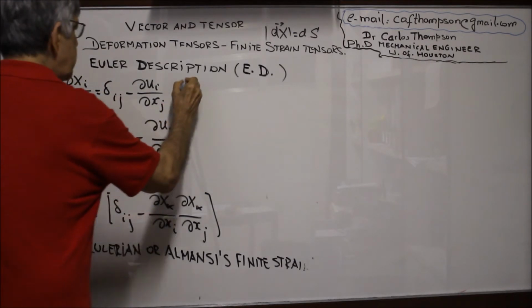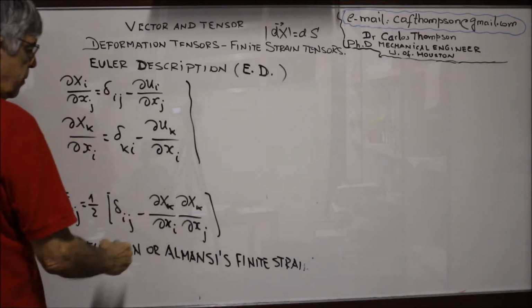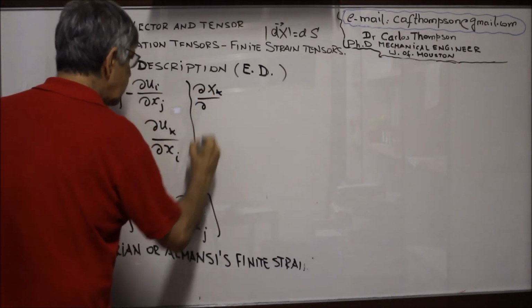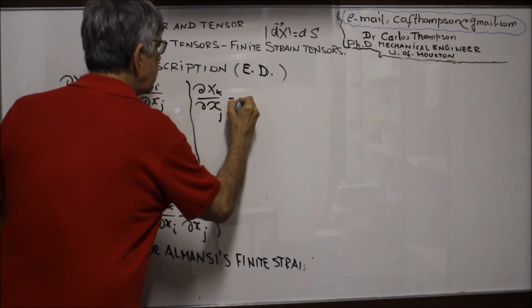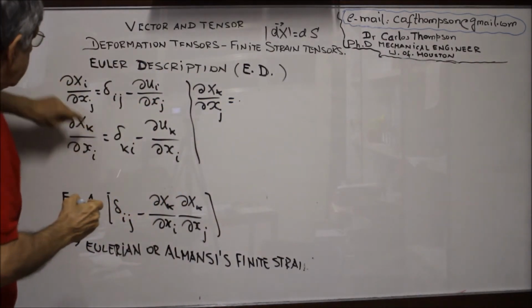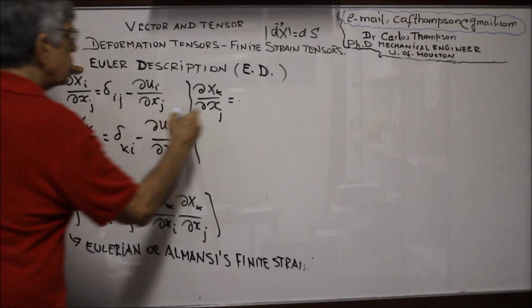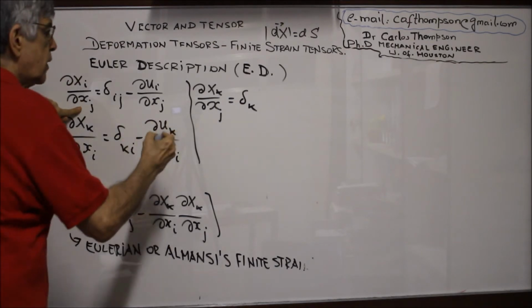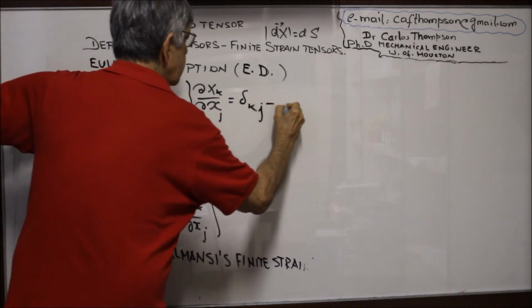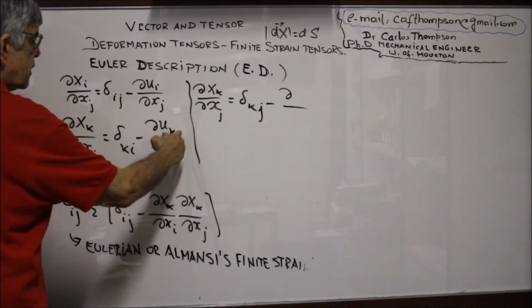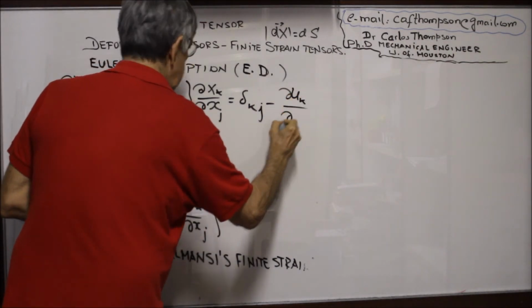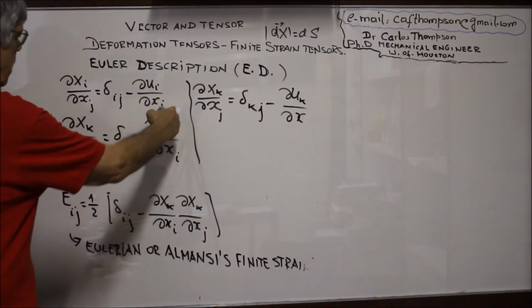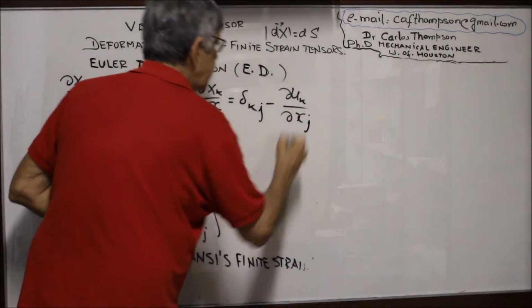Okay, the same we'll do with this product here, partial of Xk with respect to xj. You see? Now, you just look at here. This i, so this will be delta k. Now, this is j, so delta kj minus partial. Now, this is i, this is k, so uk. Now, partial x is j, you see? Now, you just put j over here.